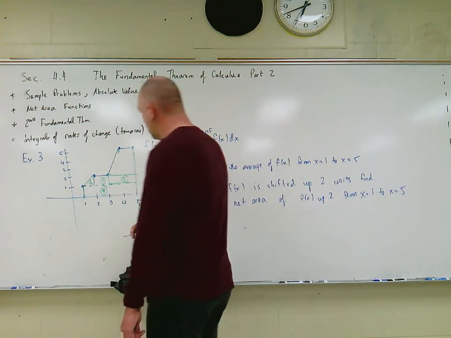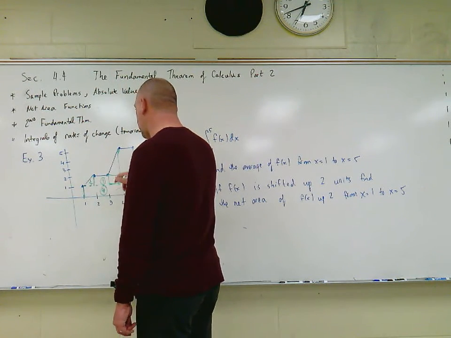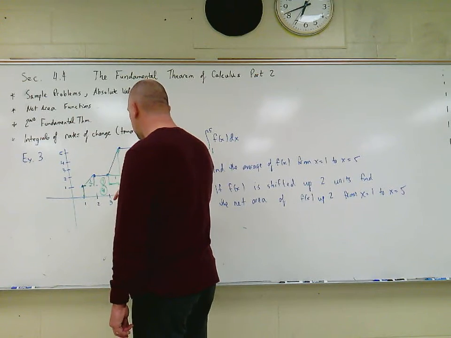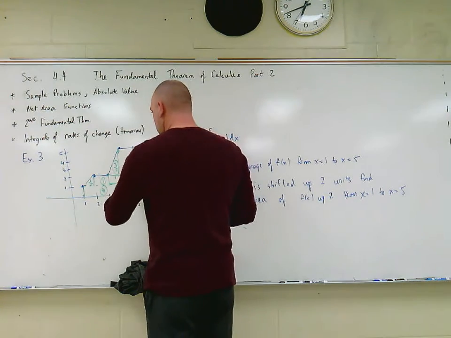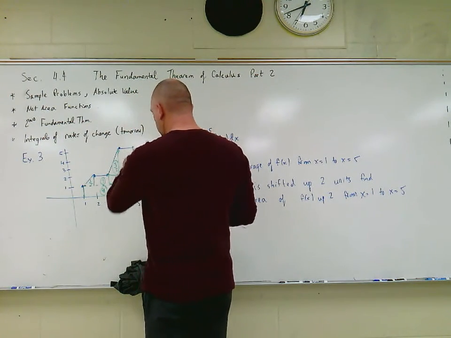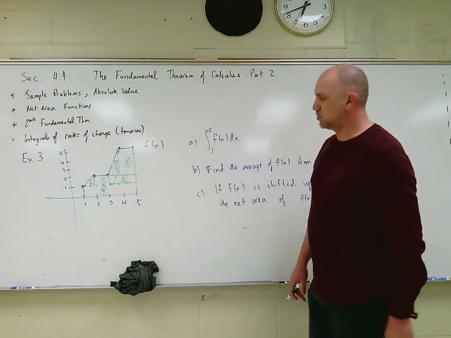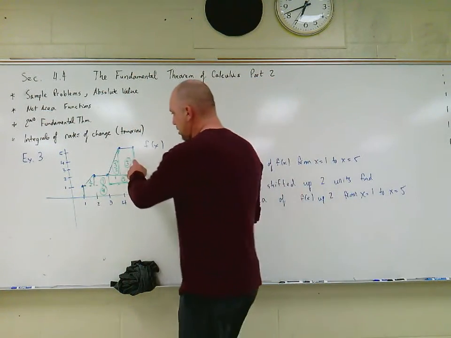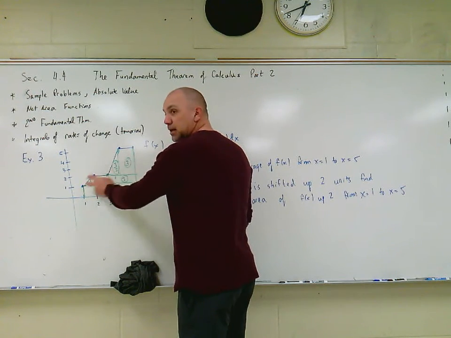Okay. What else? Here, let's see. 1 by 1, 2, 3. That's 3 halves. And then this is a 1 by 1, 2, 3, so that's area 3. All right, just add all that up. So 3, 4, 5, 6, 10, and those add up to 2 units.